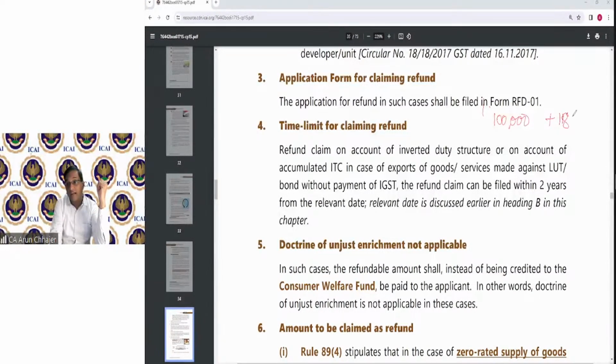And you have collected the entire amount 1,18,000 from the SEZ customer. At the same point of time, now you are applying the refund under the zero rated supply category, because we know the supply to the SEZ unit is zero rated supply. Correct na? Supply to SEZ is zero rated hai.